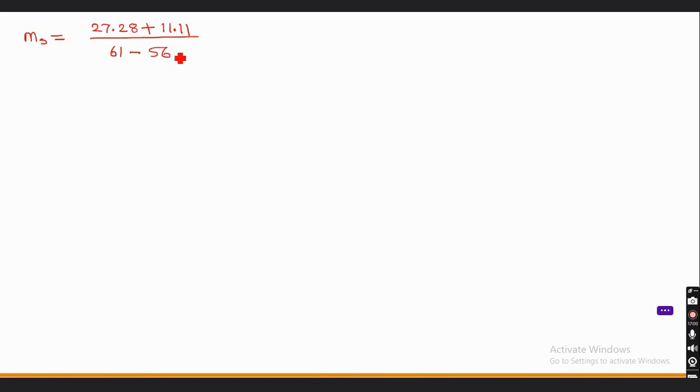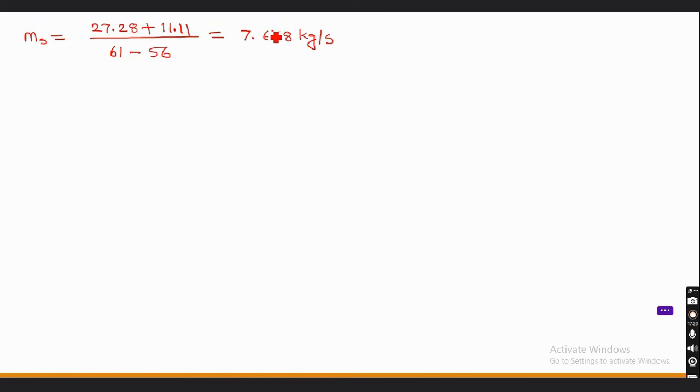If I solve this, I get the mass of supply air at S condition. It comes out to be equal to 7.678 kg per second, the mass of supply air in kg per second.